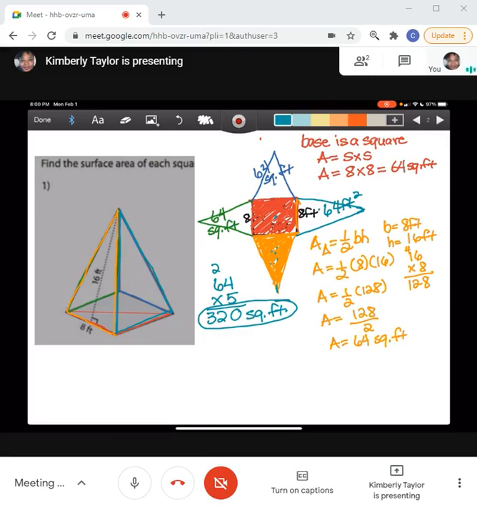So for our answer we have to put it in units. So you write your answer as 320, and you put feet, and then you put the exponent 2. That's what I'm hearing.